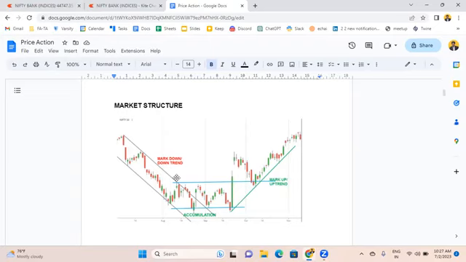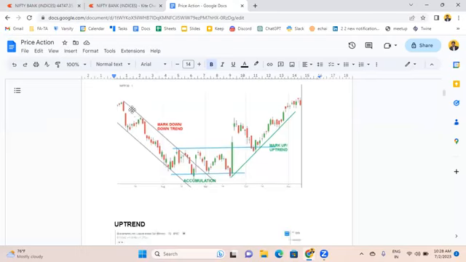Buyers and sellers are fighting in the accumulation zone, or in sideways markets, and it is believed that after accumulation, a big move, like an uptrend or a downtrend, will happen. So you can see over here, this is the downtrend, accumulation, and uptrend.